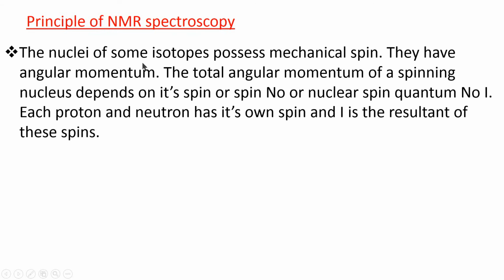So, nuclei of some isotopes possess mechanical spin. They have angular momentum, and the total angular momentum of a spinning nucleus depends on spin or spin number or nuclear spin quantum number I. Each proton and neutron has its own spin, and I is the resultant of this spin.